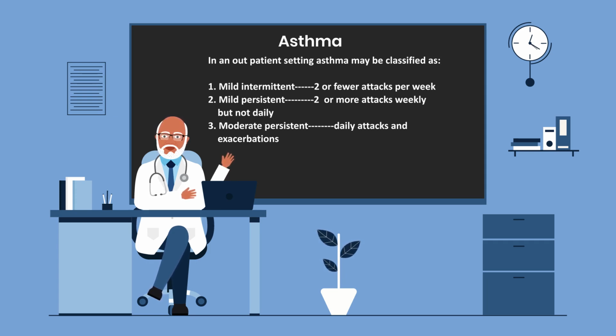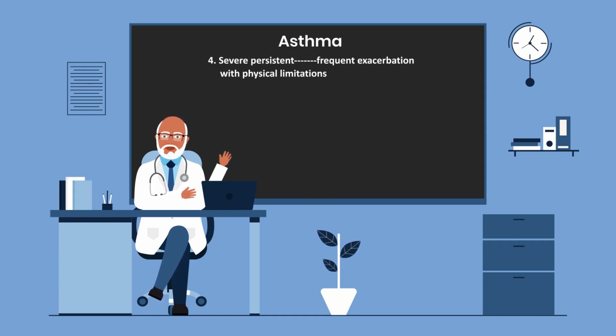And then it may be classified as moderate persistent, which means that you have daily attacks and exacerbations. And lastly, it may be classified as severe persistent, which means that there are frequent exacerbations with physical limitations.